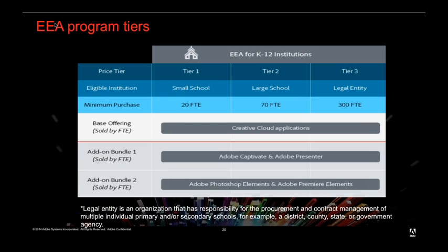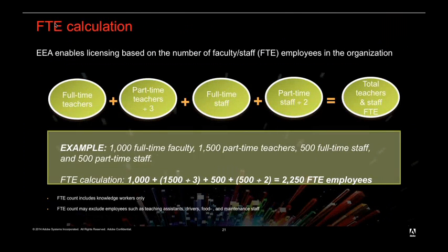However, if you don't belong to a chain or you're not in a group of any type, the price point at tier 2 has come down significantly to allow you to access this program. If you're unsure about whether or not you've got a group that qualifies for tier 3, again, Luke can help you. But my biggest piece of advice for schools is to really check into this FTE count, because it does make a big difference to your overall subscription.